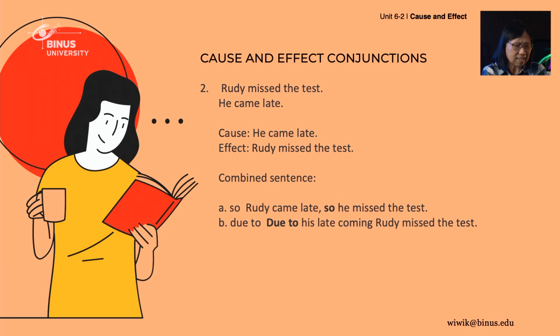Due to his late coming, Rudy missed the test. Can you see the difference? So is followed by a clause or a sentence. Due to is followed by a noun or gerund.